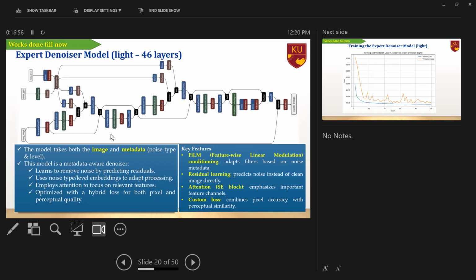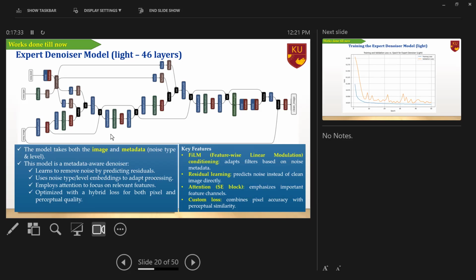I put this structure horizontally because it is not possible to show the model here, so I have written the features here. The key feature is feature-wise linear modulation conditioning, which adapts filters based on noise metadata. The noise metadata we have provided from the noise estimator, so it will work based on those data.